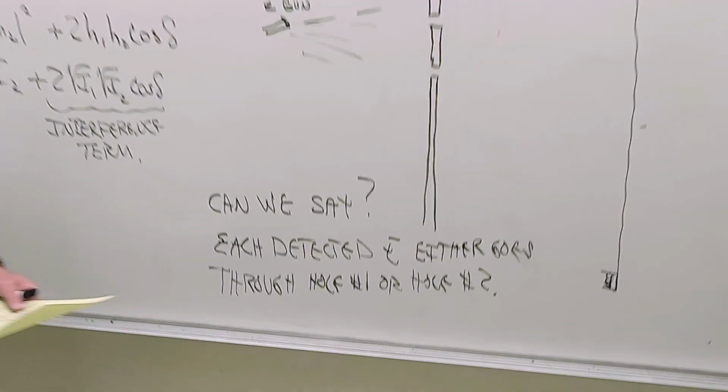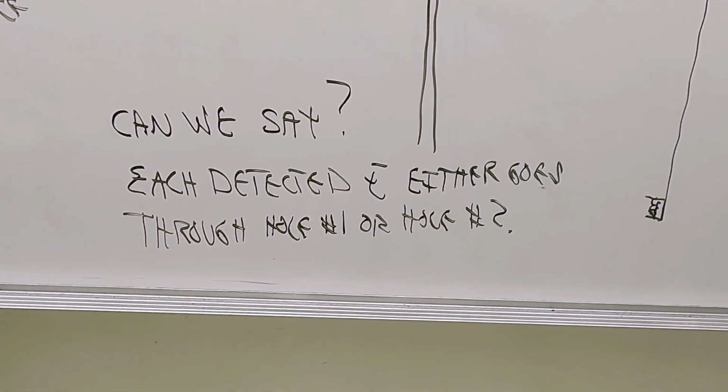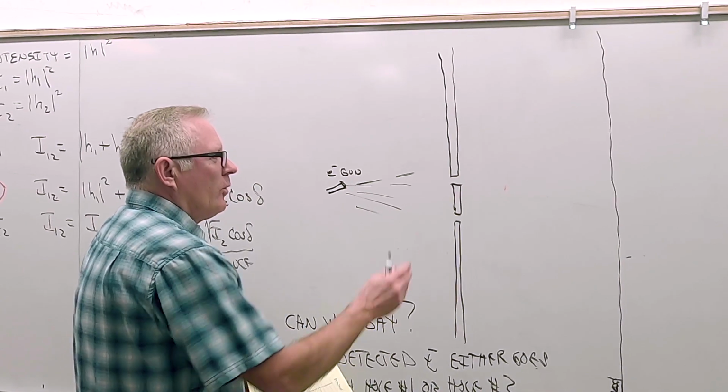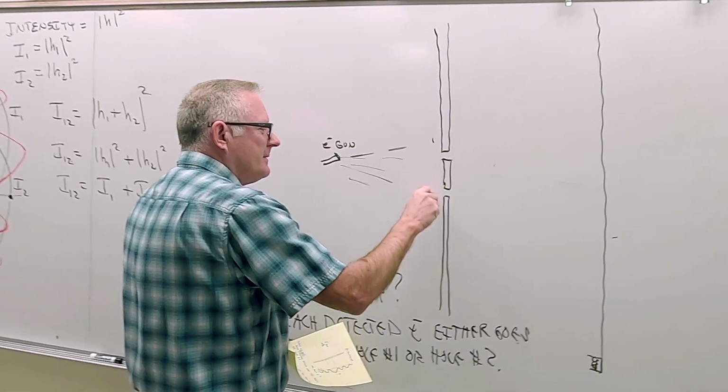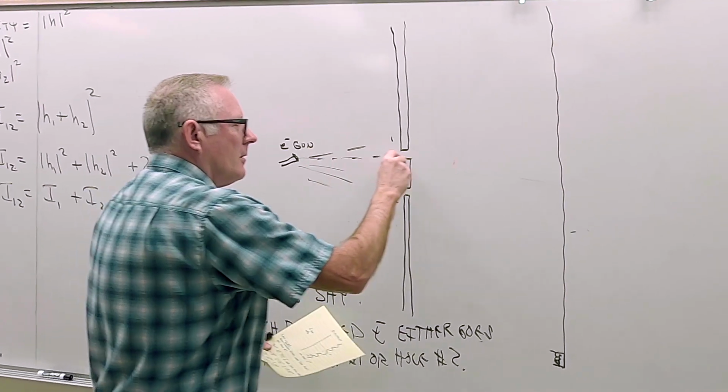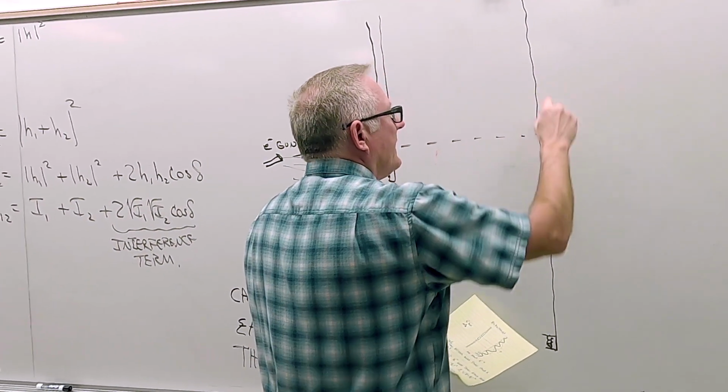Can we say that if you detect it right here? Well, again, we'll cover up, this is 1, this is 2. If we cover up 2, we get a peak right there.